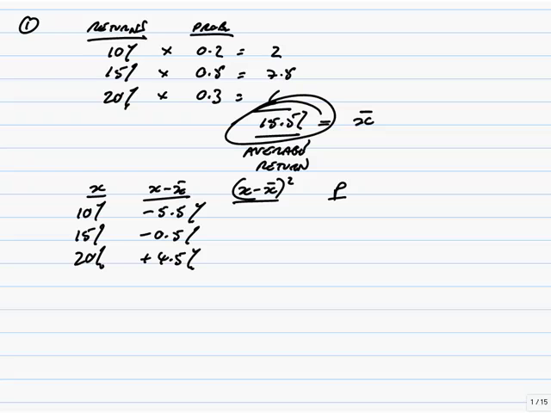If we square the deviations, 5.5 squared is 30.25. 0.5 squared is 0.25. 4.5 squared is 20.25. And of course the sign now disappears. We've squared them so they're all positive. We then take a weighted average by multiplying by the probabilities. From the question, the probability is 0.2, 0.5, 0.3.